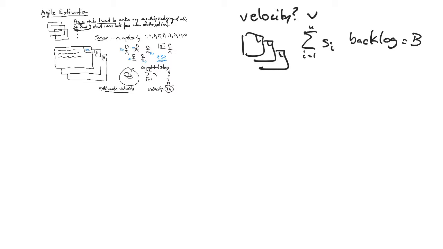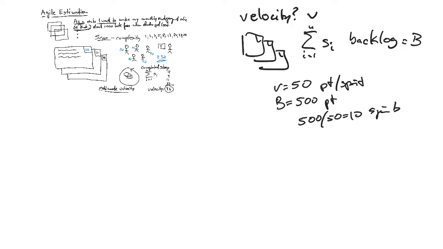Because if my velocity is, let's say, 50 points of work per sprint, and my backlog is 500 points worth of work, well, guess what? 500 divided by 50 equals 10 sprints of work left. If each sprint takes 2 weeks, I know I need 10 2-week sprints, or about 20 weeks of work.